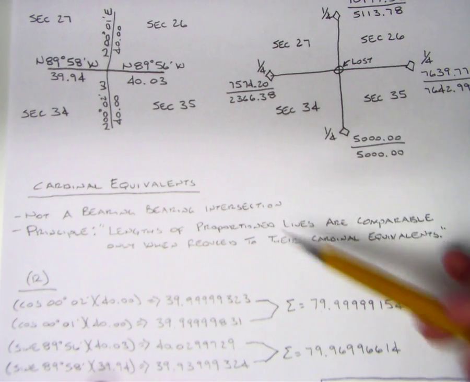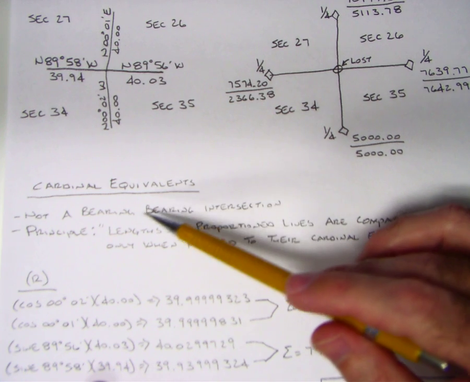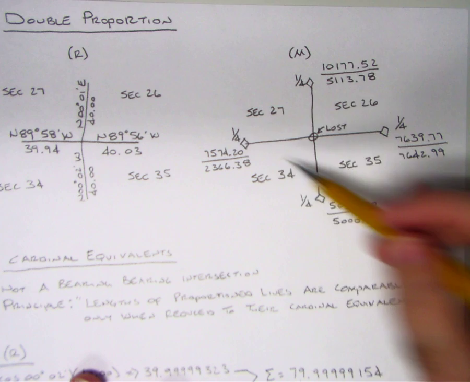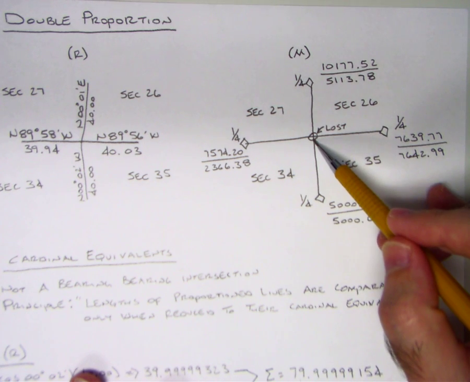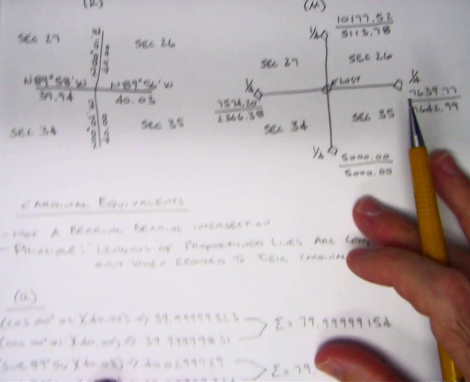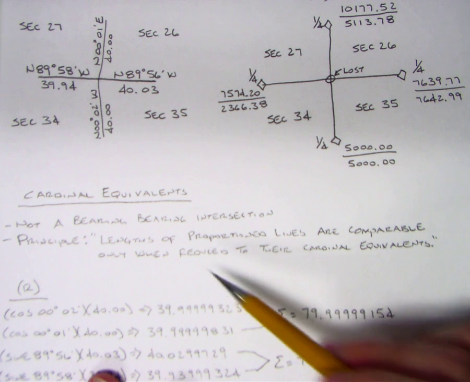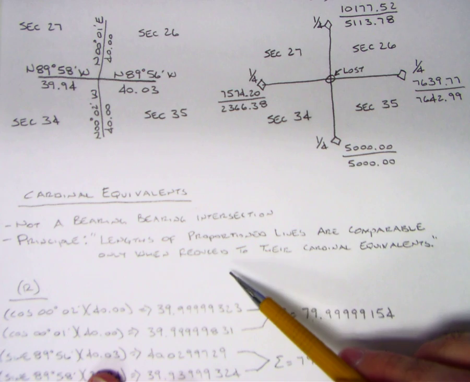A couple things to mention: one is a double proportion is not a bearing-bearing intersection. It's not that you intersect this line and intersect this line, and where they intersect is where the corner's at. And as I mentioned in my discussion on cardinal equivalence, lengths of proportion lines are comparable only when reduced to their cardinal equivalence.